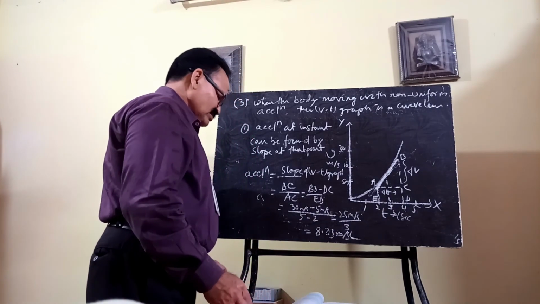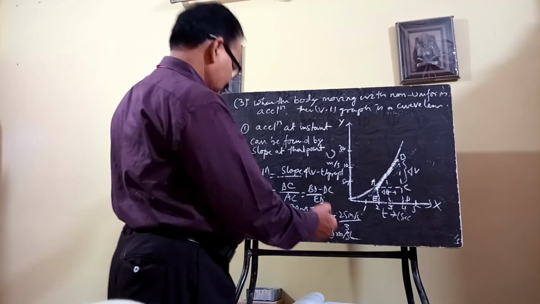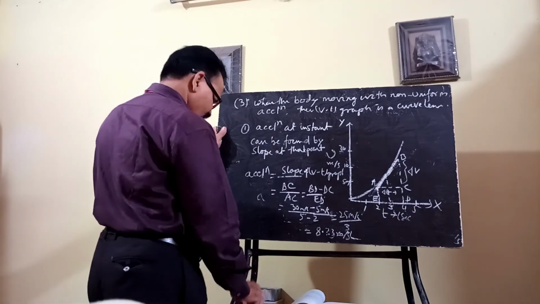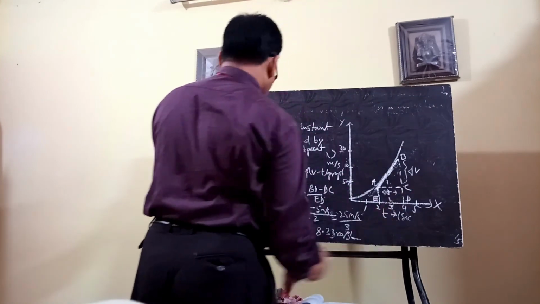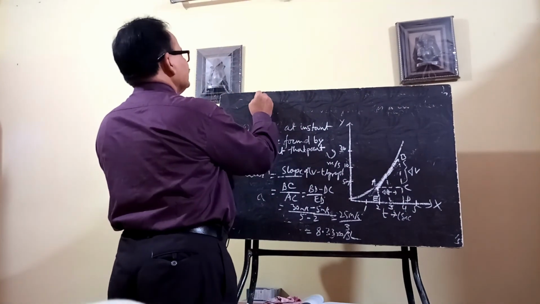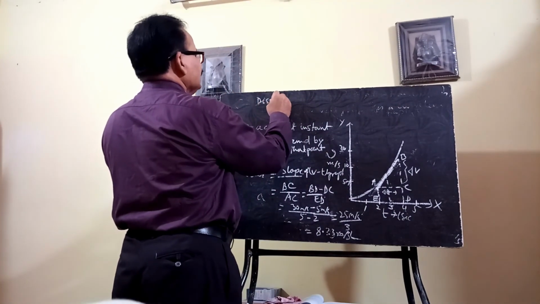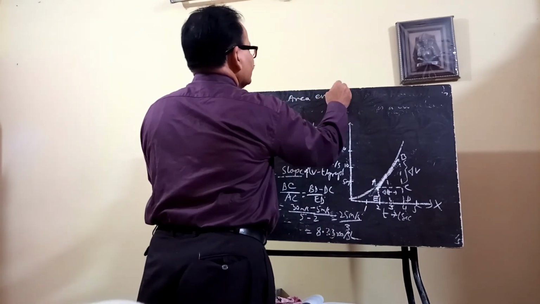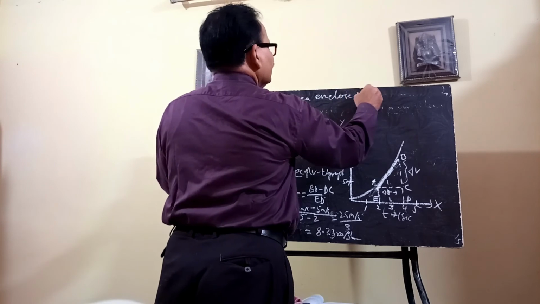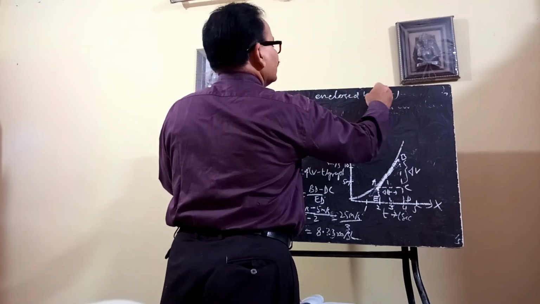Okay, so you can write again, that is the fourth point: displacement can be determined by the area enclosed by the velocity time graph.